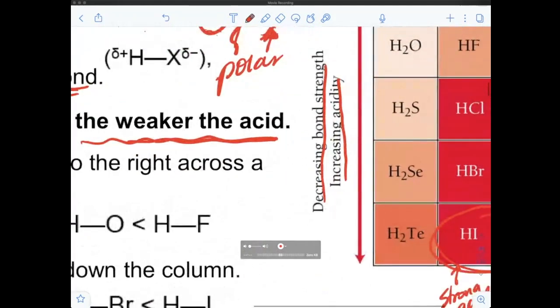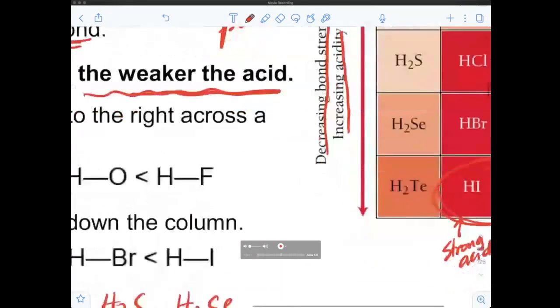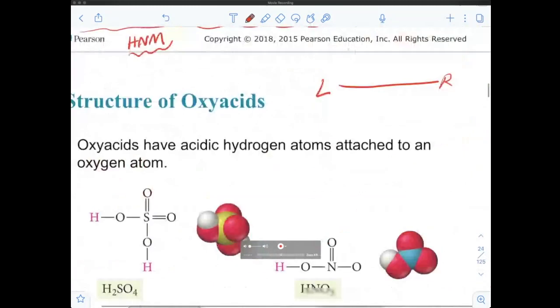What they're talking about here is decreasing bond strength. Top to bottom, you're talking about oxyacids? Okay, sorry, yes, I was talking about oxyacids.